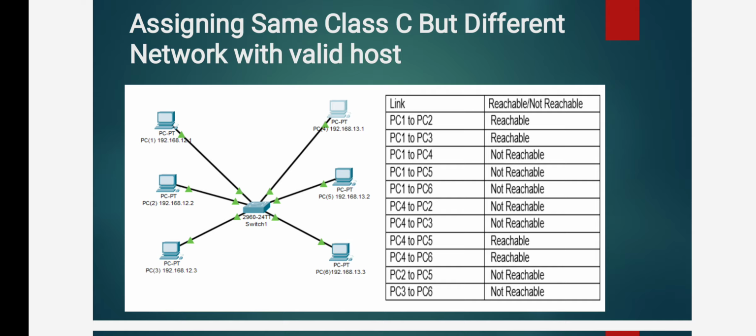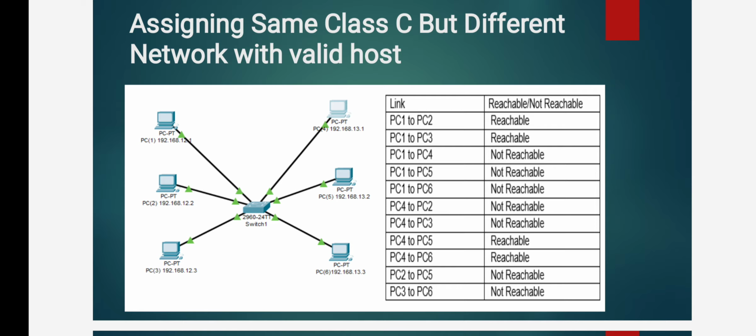In PC4 to PC5, PC4 and PC5 are in the same network. Why? Because their network address is 192.168.13, and they are both usable hosts.